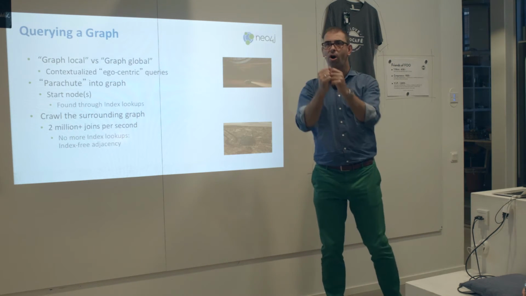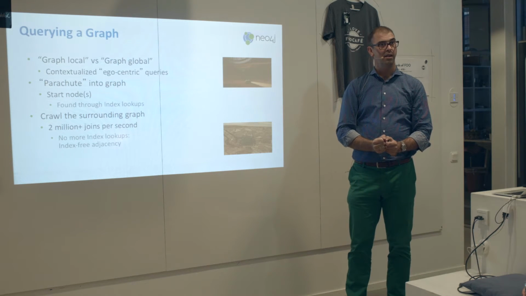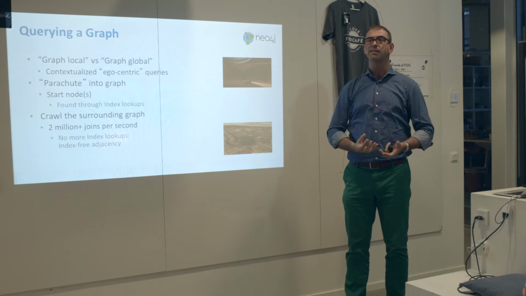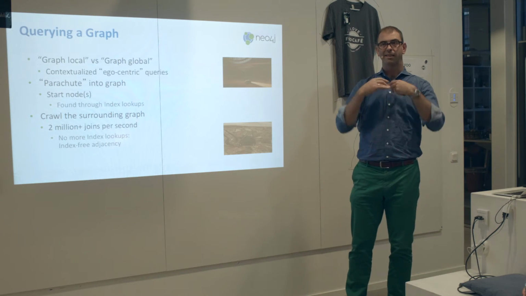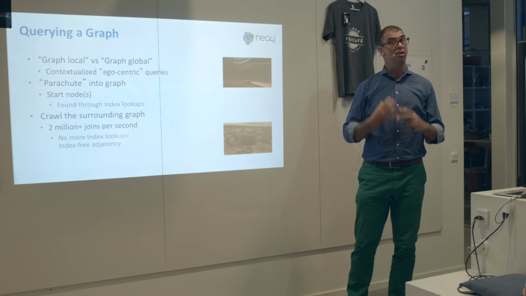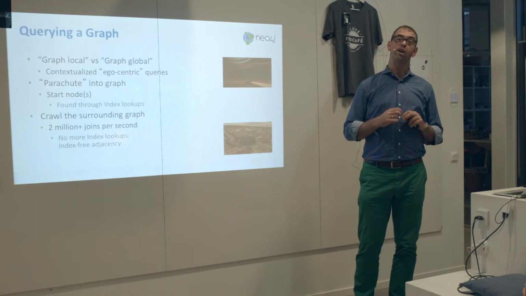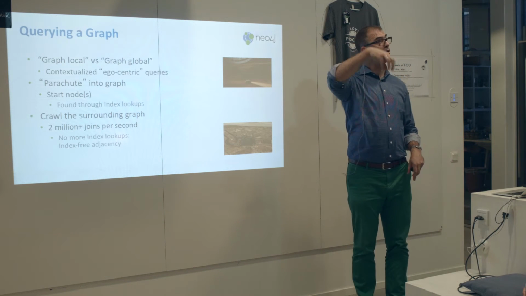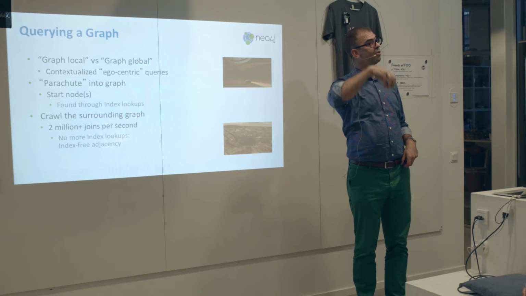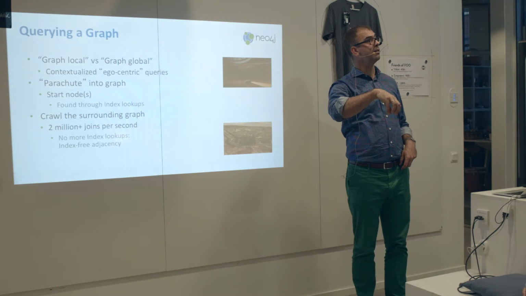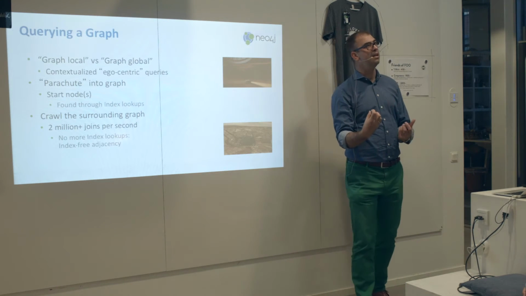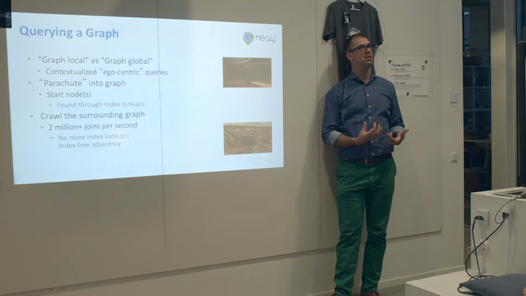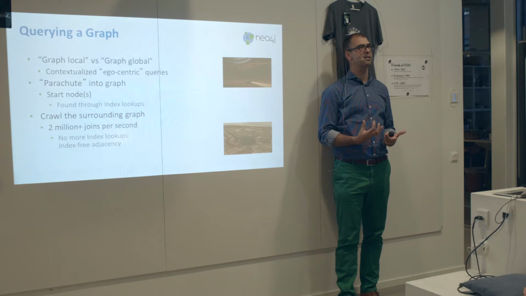I anchor on that starting point. From that moment onwards, I have locality. I have contextualized my query, and I know that this query is unlikely to touch the entire graph. It's only going to touch the part of the graph that is connected to the starting point. So you immediately dramatically reduce the scope of any potential question that you might want to ask.